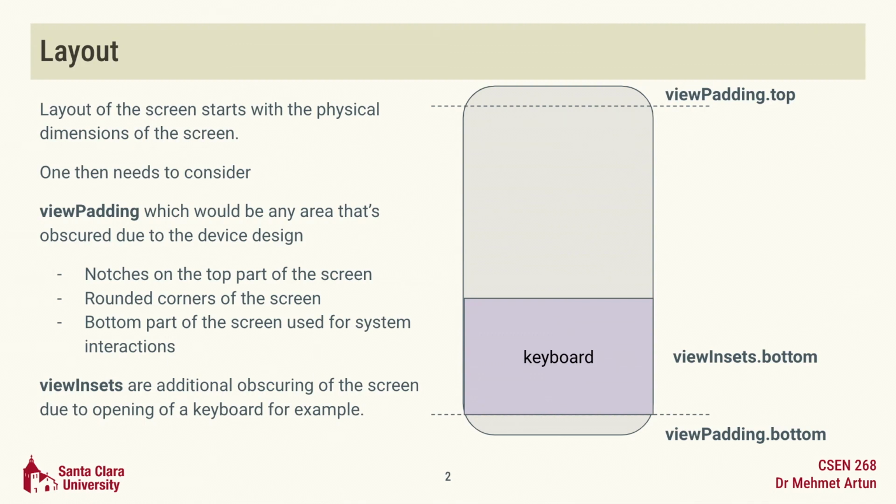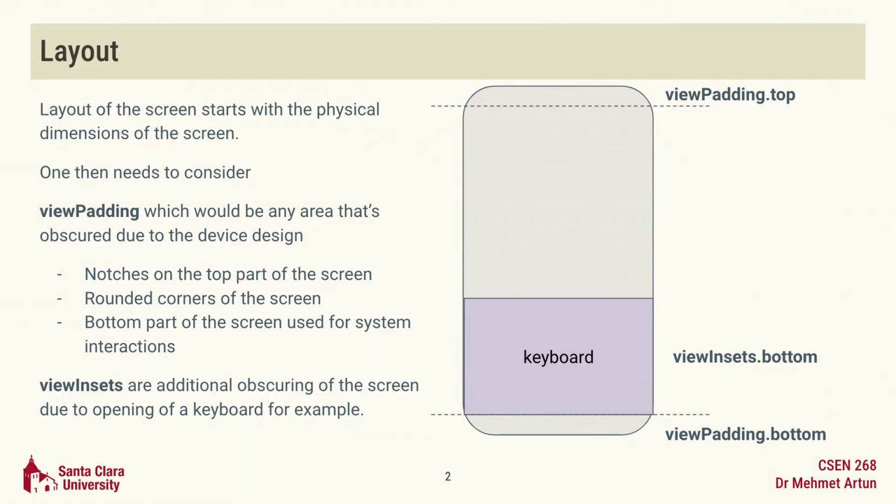So this is called a view inset. I don't know what else can be the view inset other than the keyboard, but generally the view inset is on the bottom, and it's created by the keyboard. If I have any other examples coming to me, it'll come.